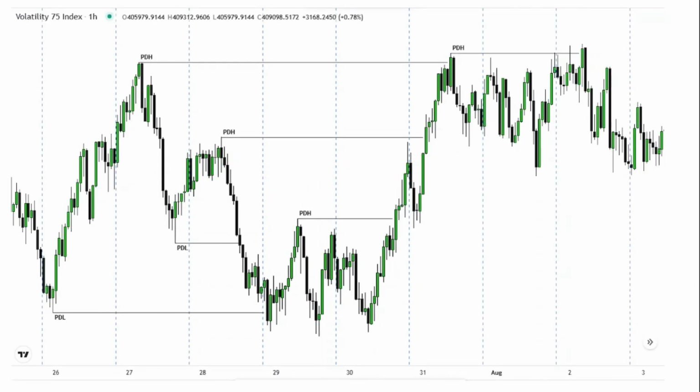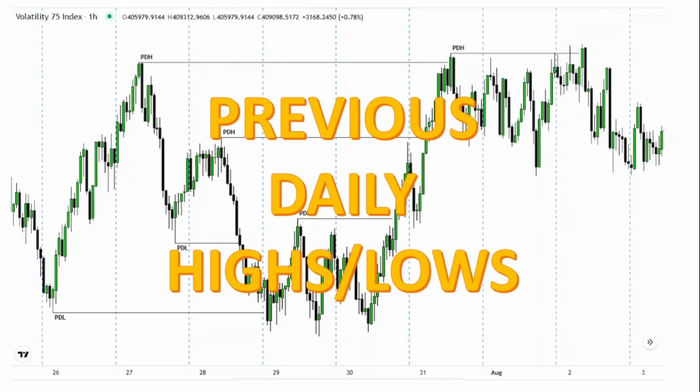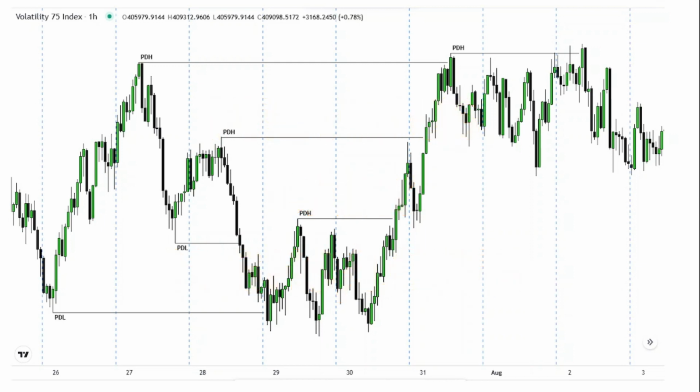Now let's talk about some important liquidity levels. These are going to be very important levels for you to observe on an intraday basis, on a weekly basis, and on a monthly basis. Firstly, we have previous daily highs and or lows. As you see here, I had the previous daily highs and lows marked out.